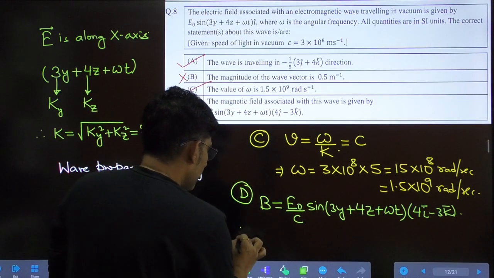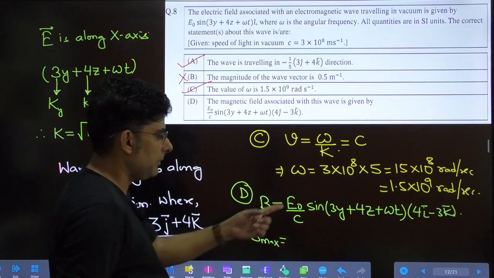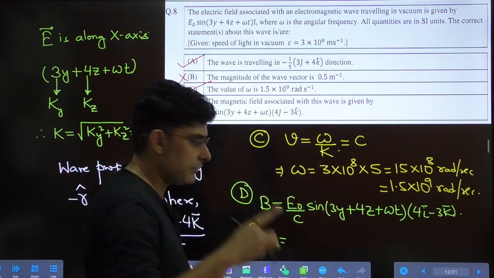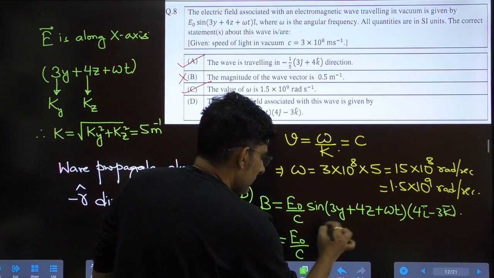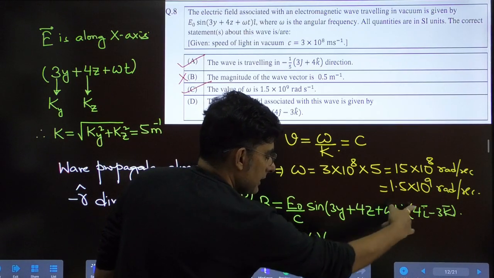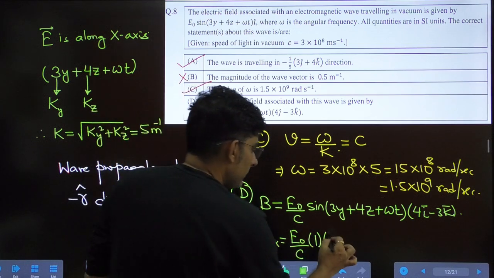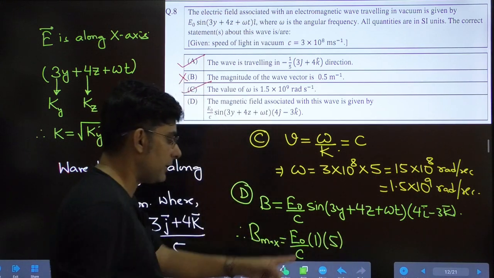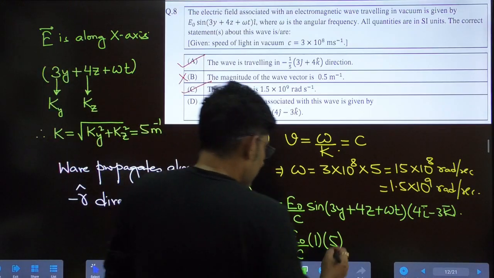If you want to find the peak value B max, sine peak value is 1, so you will get E naught by C. And the magnitude of 4i minus 3k will become under root of 4 square plus 3 square, that is 5. B max is E naught by C into 5.